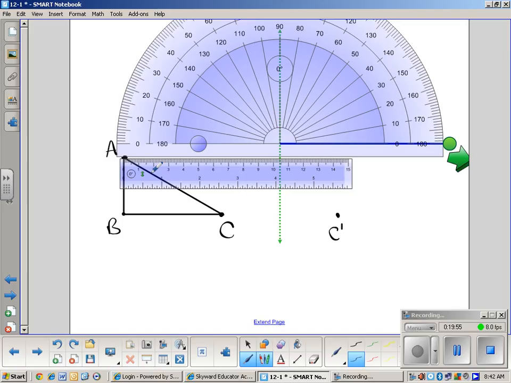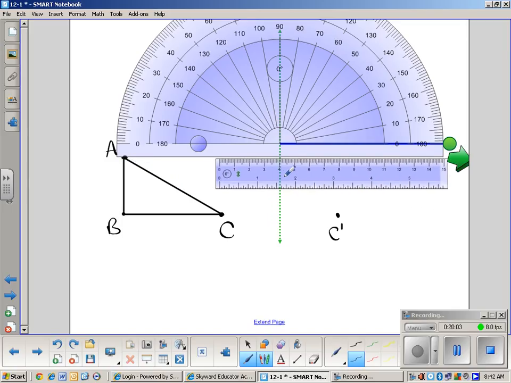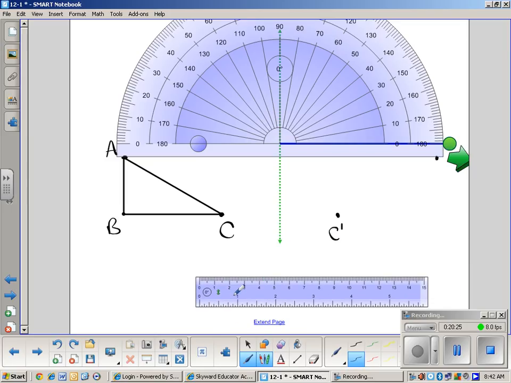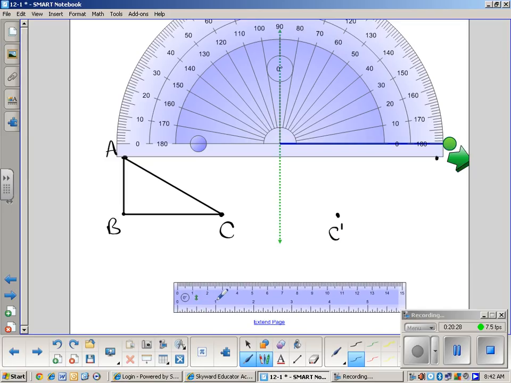It's probably 10.45. Since I don't have enough ruler to just add that to itself, I'm going to move over and go 10.45. It's like right there. What's that point? A prime. Okay? That's A prime.